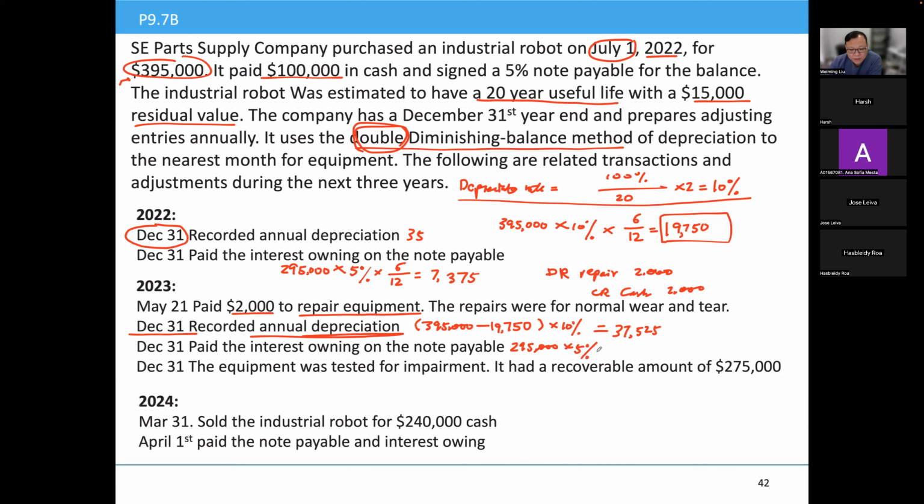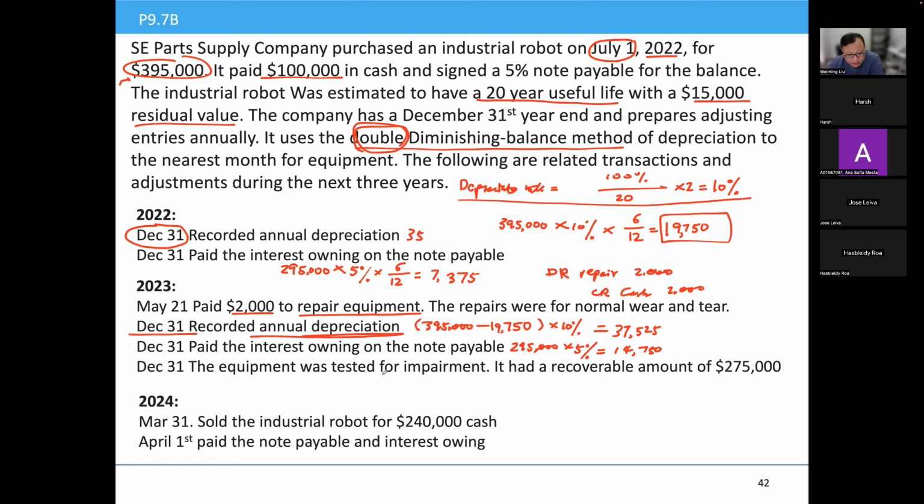That's the amount of interest for a year, which is 14,750. Yeah, I think that's right. So that's how much they are paying for the interest for 2023.